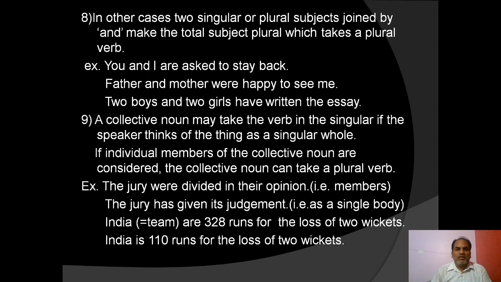Father and mother were happy to see me. Father is singular, mother is singular, but the two singular nouns are joined by the coordinating conjunction and. So father and mother is plural and carries the plural verb were. Two boys and two girls have written the essay.